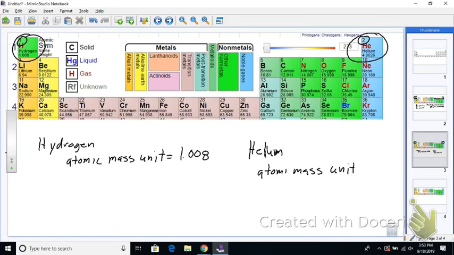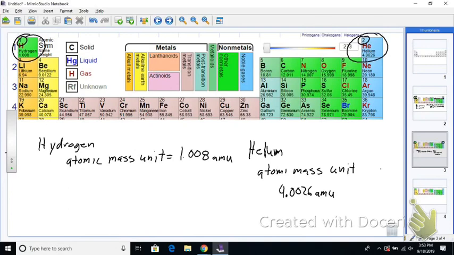So it's 4.0026. And at the end there for atomic mass unit, they'll put AMU. So A stands for atomic, M stands for mass, and U stands for unit.